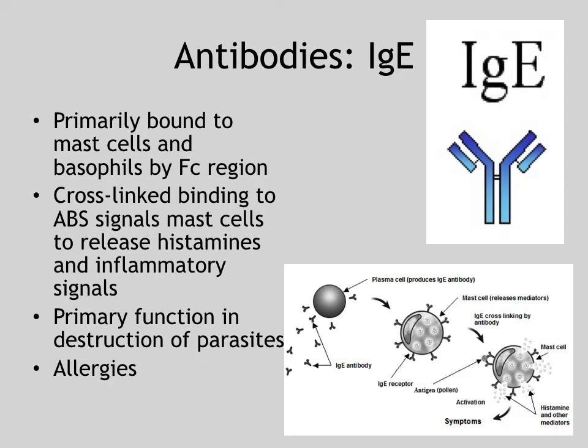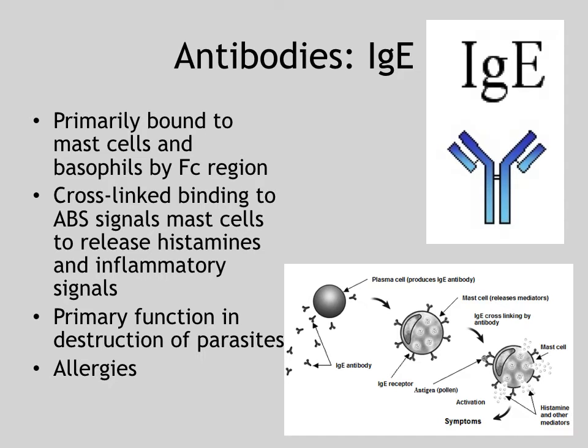For instance, you have lots of basophils or mast cells in your nose. And if you are allergic to pollen, not only do those mast cells degranulate, but too many of them and too strong of a histamine response will occur. This will cause a runny nose. It'll cause swelling in the sinuses. It will cause inflammatory responses and, of course, sneezing and eyes watering. Your body's trying to flush it out.